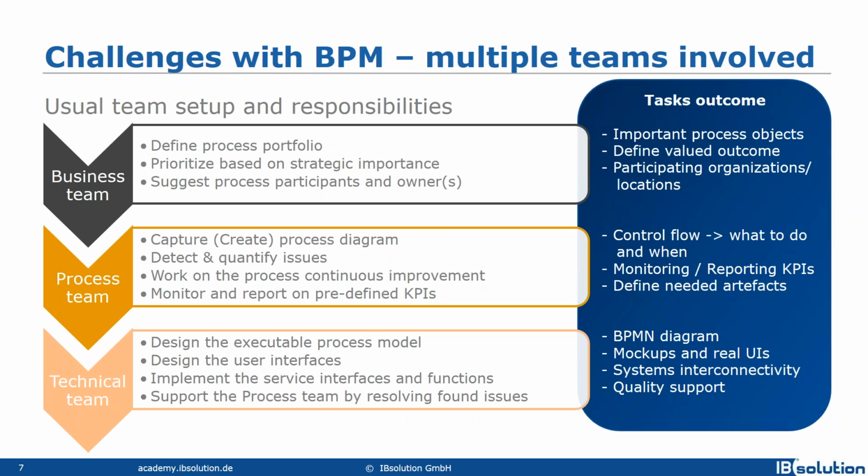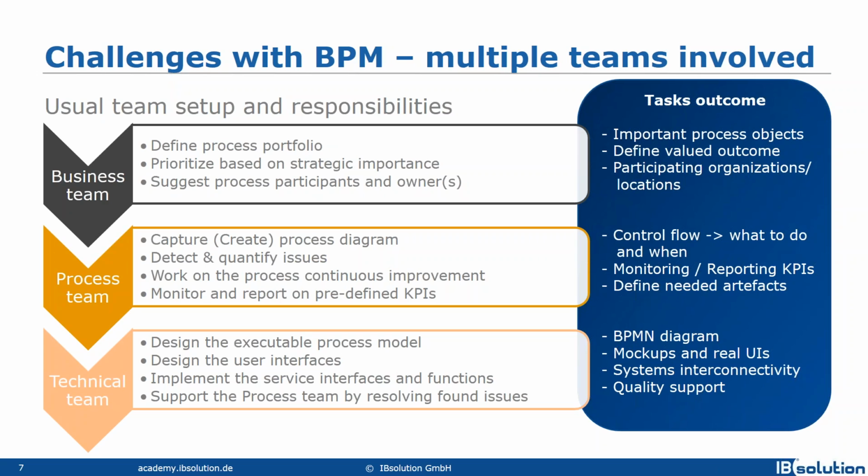A business team defines the process, prioritizes the strategic importance of a certain process over another, so defining the sequence in which business processes will be delivered within the company, and suggests who might be the process participants and owners of this process.